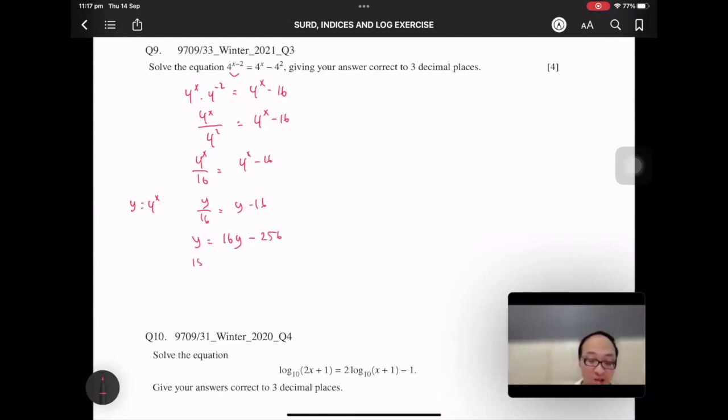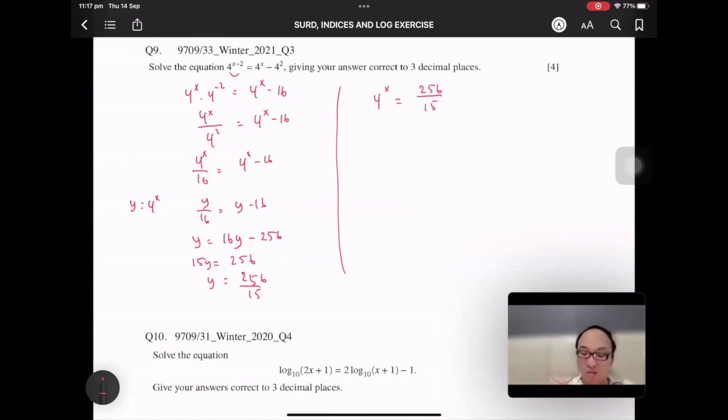So that means 15y equals 256 and y equals 256 over 15. And then don't forget to change back the y, yeah? y is 4 to the power of x, which is 256 divided by 15. So using the same method, I can use ln or log. Just use ln on both sides.